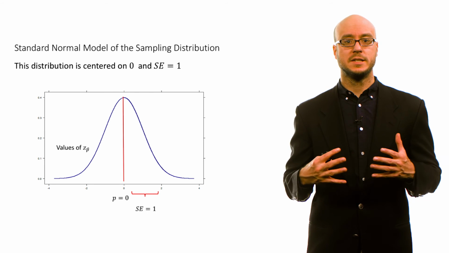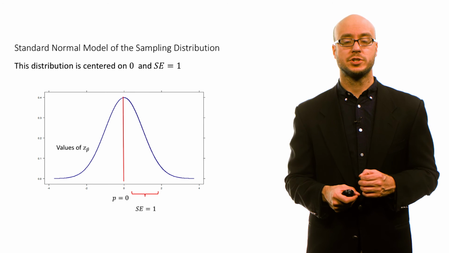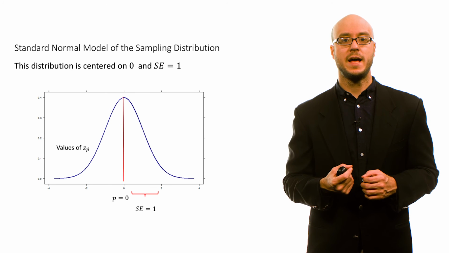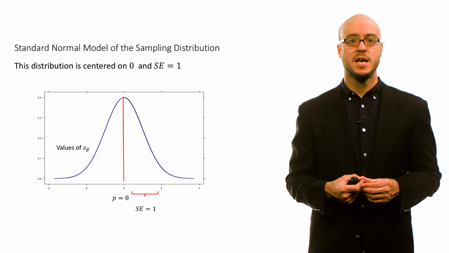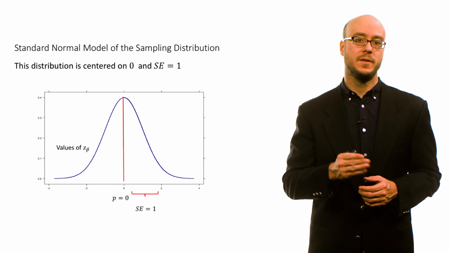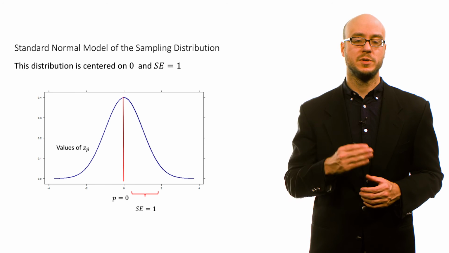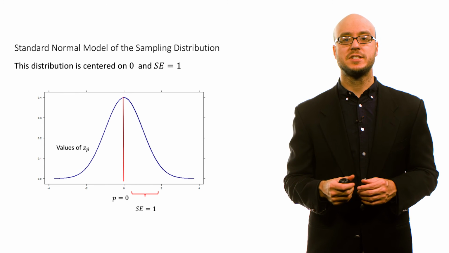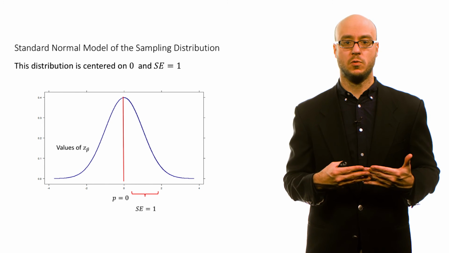We can also calculate a standard normal model of the sampling distribution. We just recenter our values for these sample proportions. In this instance, for the standard normal model, the distribution will be centered on 0, and the standard error will be 1, just like before. So with that, you can gain an understanding of the fact that we use the standard normal model, or the normal model, to model the sampling distribution for the sample proportion with a particular standard error.